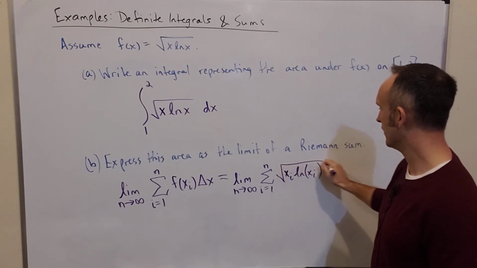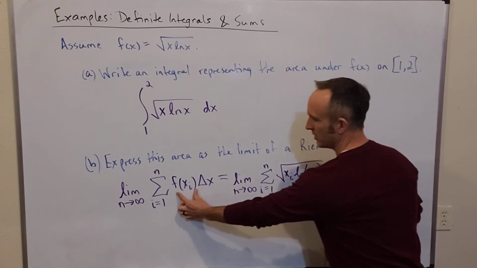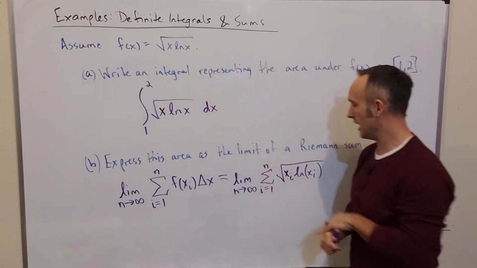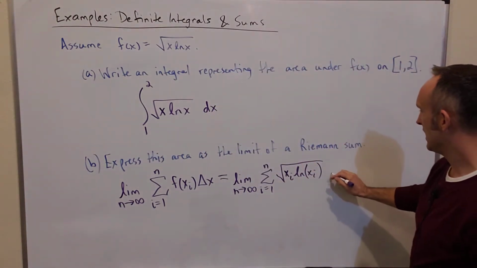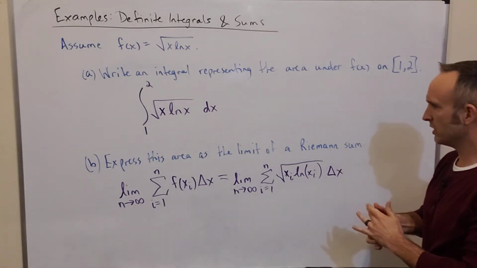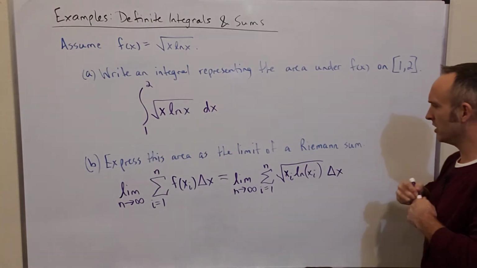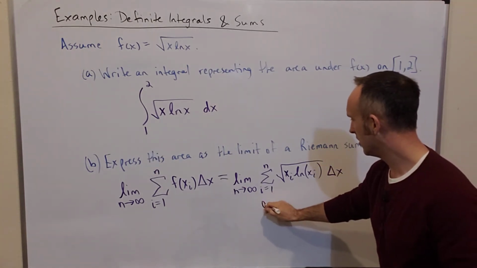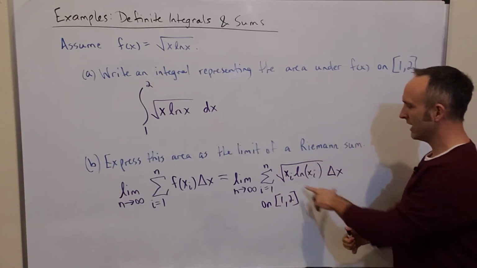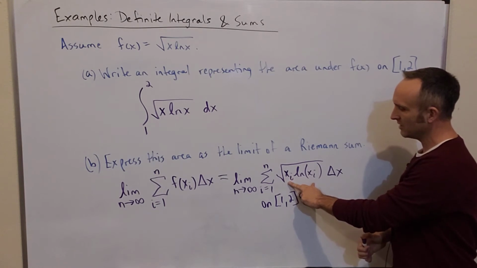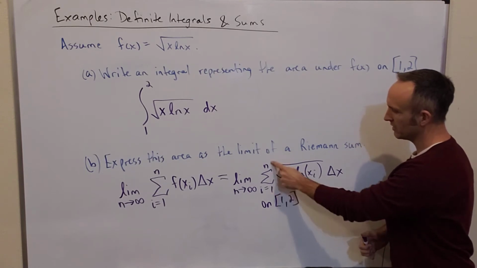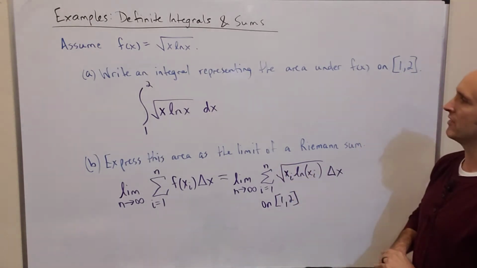To calculate the height of each rectangle, you plug the x values into this to calculate your y, and then times delta x. If you want, you could say on the closed interval from 1 to 2 to identify where your x sub i's live. You'd be dividing your interval from 1 to 2 up into n rectangles, then going from the first rectangle to the nth rectangle, calculating these areas and adding them together.